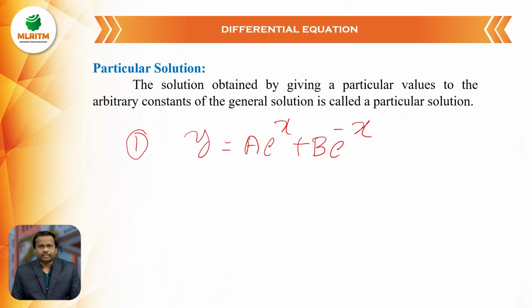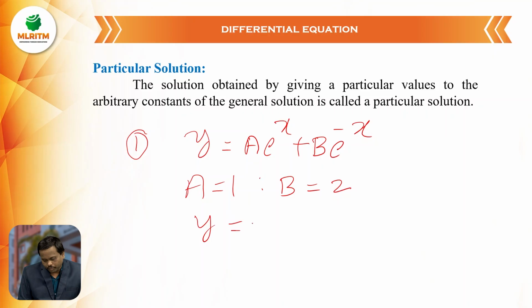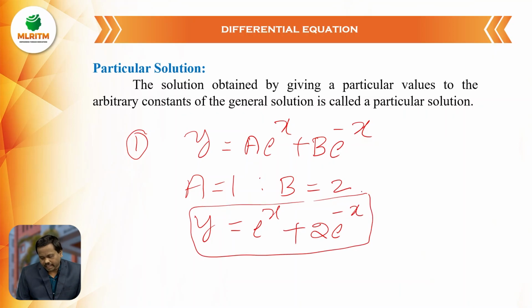Substitute some particular values for the arbitrary constants. Suppose we put a equal to 1, b equal to 2. So y equal to e power x plus 2 e power minus x. This is nothing but a particular solution. So these are just the basics of differential equations.